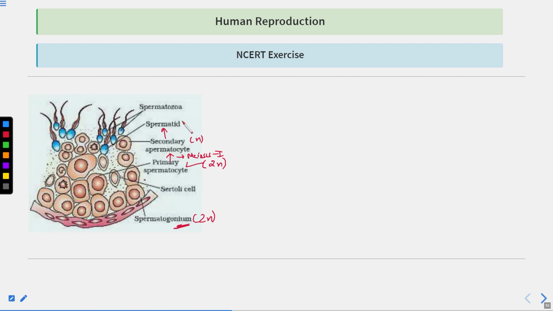Secondary spermatocytes get transformed into spermatids. Spermatids will be haploid, and spermatids finally transform into the male gamete known as spermatozoa, or you can say sperm. This image shows the seminiferous tubule and the process of spermatogenesis. Also you can see the Sertoli cells, also known as nurse cells. These cells provide nourishment to the spermatogonia.